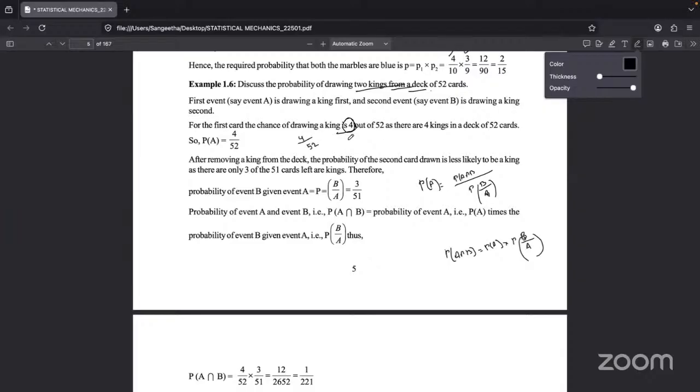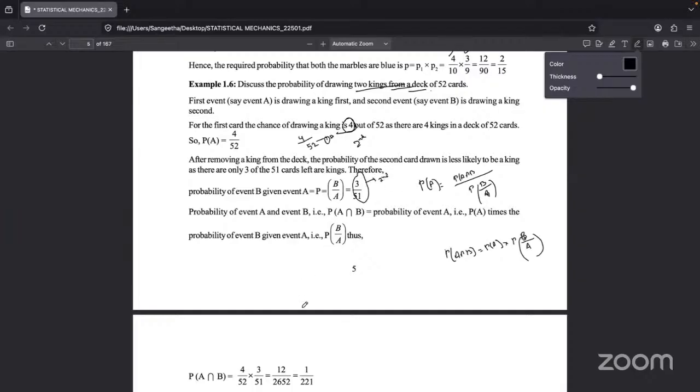So if you want to take another card, that is to do the second event, the first event has to have occurred. That is called conditional probability. To perform the second event, the first event has to be performed. So this 4 by 52 is the first event. Next, the second event is 3 by 51.